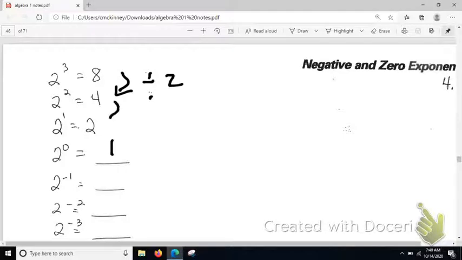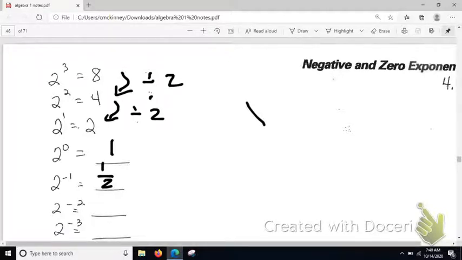So again, that would also be divide by 2, divide by 2. Well, 1 divided by 2 is 1/2. Negative exponents are reciprocals.